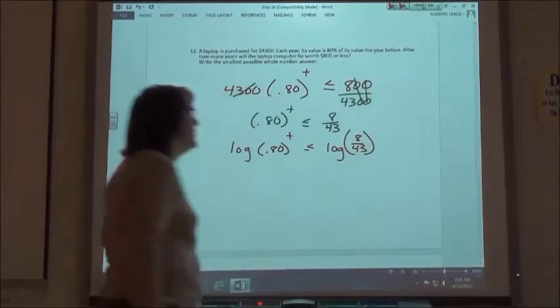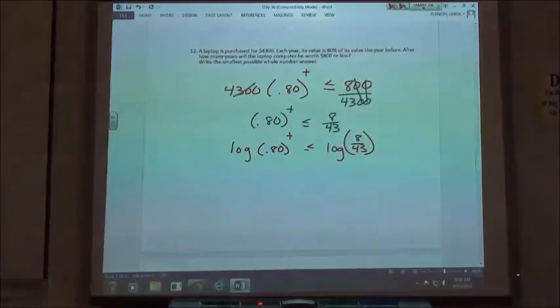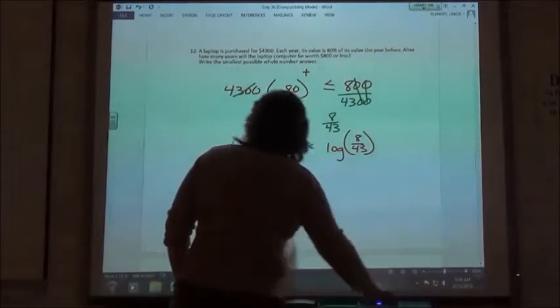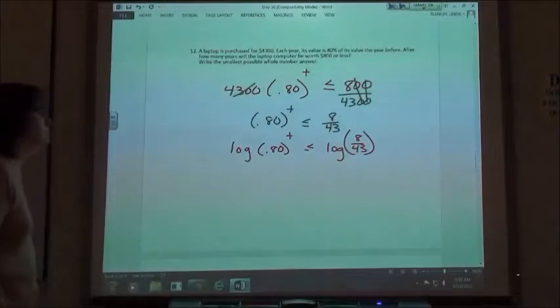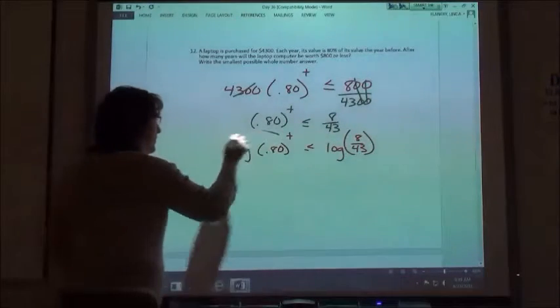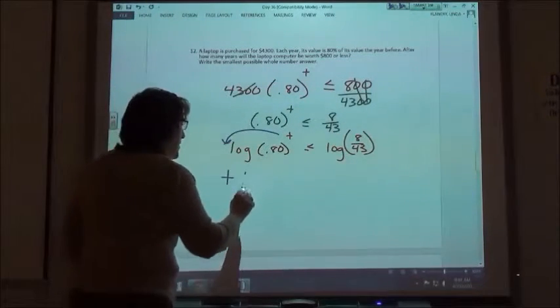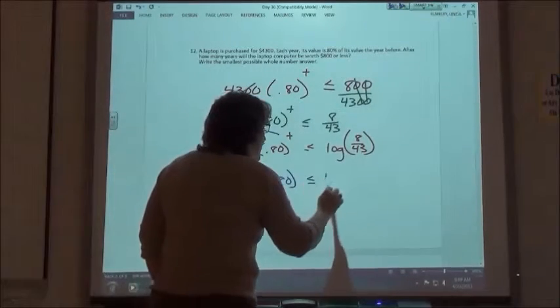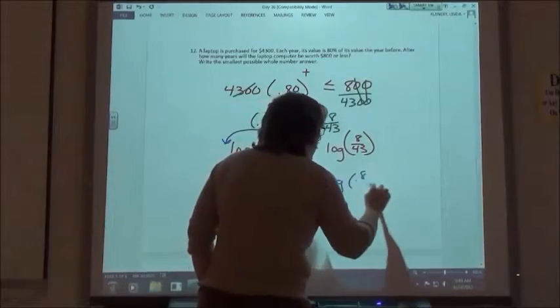So we'll put that in parentheses. Then we remove the t. T times the log of 0.80 is less than or equal to the log of 8/43.